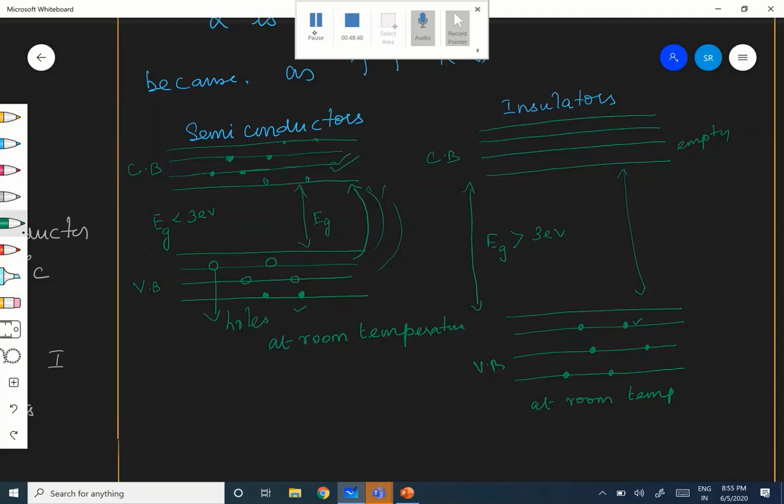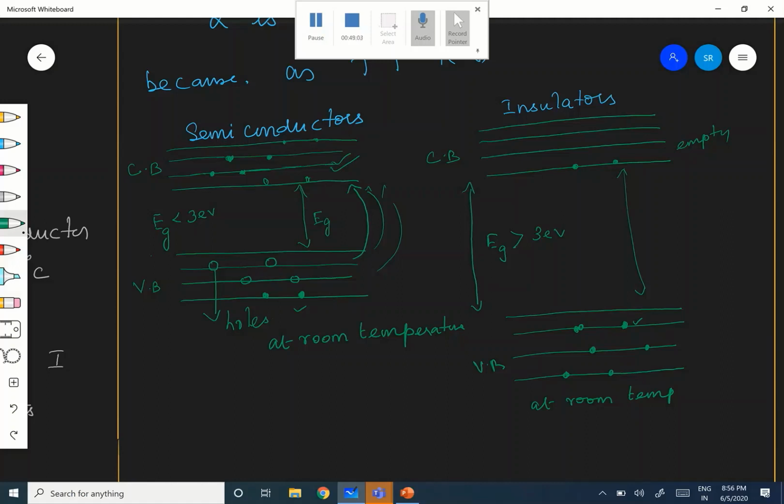Even in the case of insulators, as you increase the temperature, there is some possibility that electrons in the uppermost energy level of the valence band may jump to the conduction band. Why? Because if the temperature is extremely large, many electrons will jump from the valence band to the conduction band.